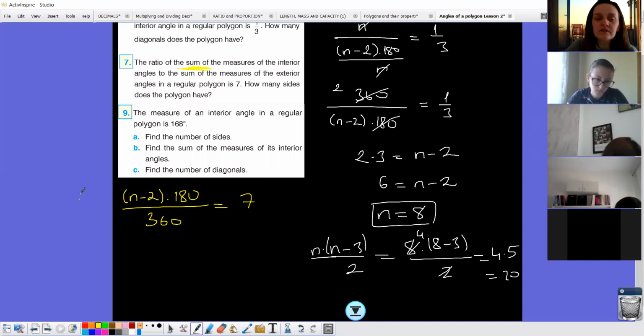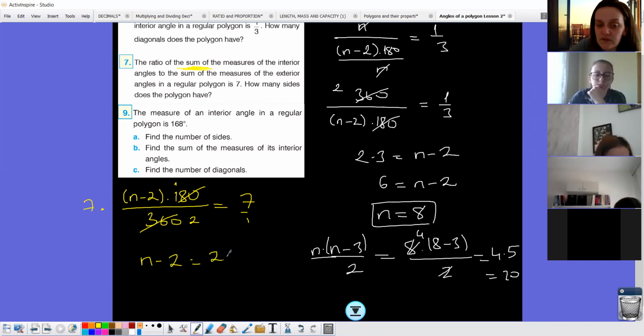Now, I can simplify 180 with 360. It will be 1 over 2. Here you'll have 2, and with a cross product, n minus 2 is equal to 2 times 7. So n minus 2 will be 14 and n will be 16.